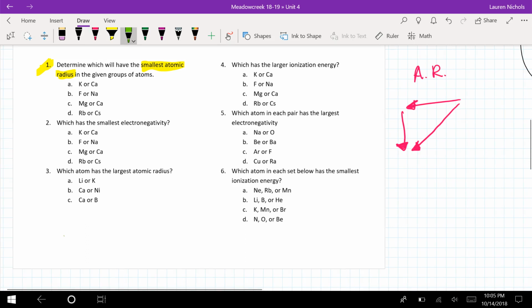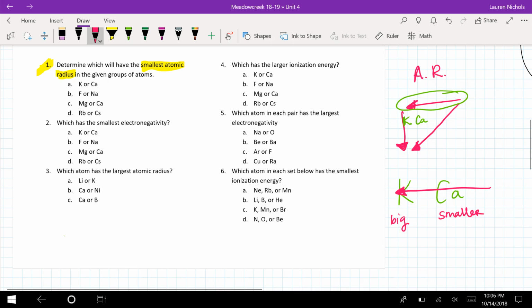Said I have K or Ca, and so I find those on the periodic table, and what you'll find is K and Ca are side by side, and so I look at my side-to-side arrow, and I see that if I were to take K and Ca on my periodic table and draw my arrow over it, it would point towards the K, which means that K is big and Ca is smaller.